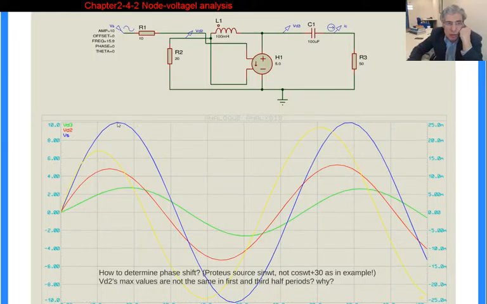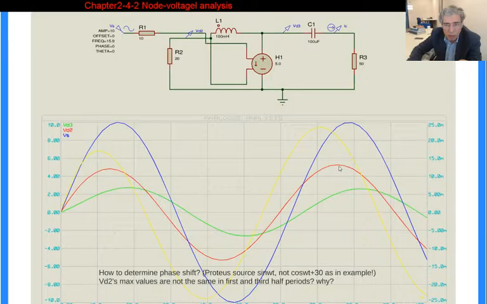If you measure the time difference between two peak values, you can find the period of this signal. For this yellow one, you can find the corresponding time between these two peak values. That's the period of this one.